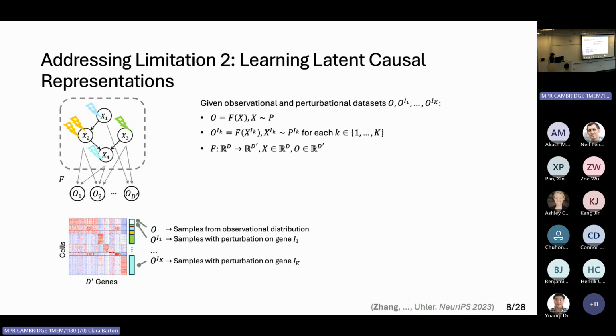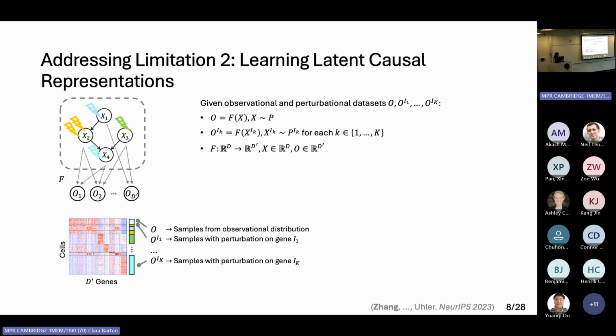So mathematically, what happens is the data we have access to are observational and perturbational data sets annotated by OI1 up to OIK, whereas the observational cell O is a function of latent variable X, where X is sampled from the control distribution. And each individual perturbation data set, OIK, is going to be the same mapping function F, but of the causal variables that have been perturbed.